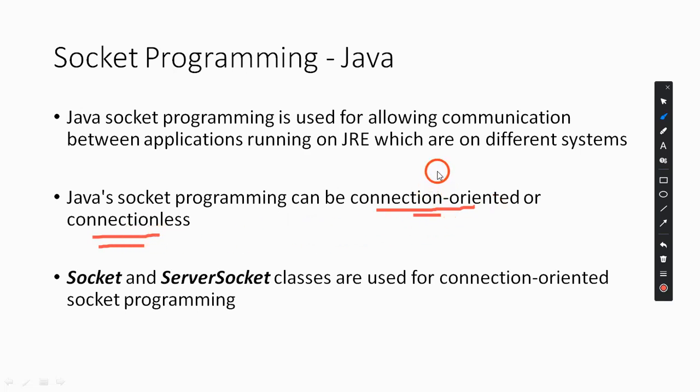If connection oriented, the communication is done using TCP, and connectionless means the communication is done using the UDP protocol. Transmission control protocol and user datagram protocol. Right. And what do we do using socket programming? We communicate between systems which are running on the same Java runtime environment, that is the JVM.